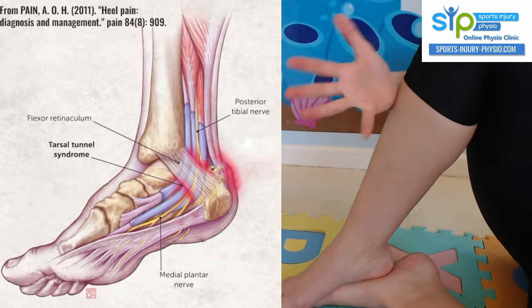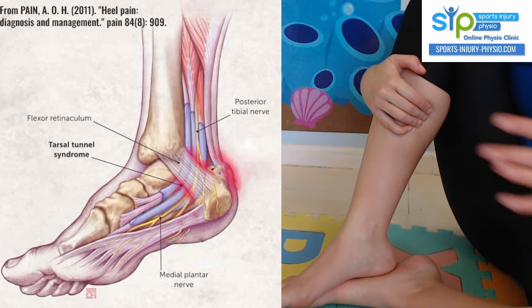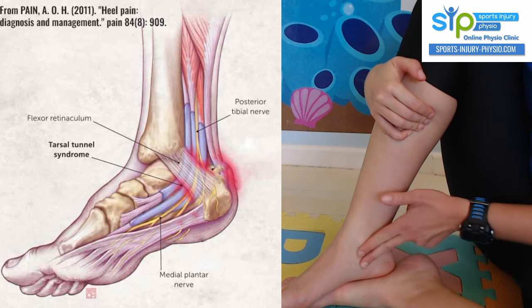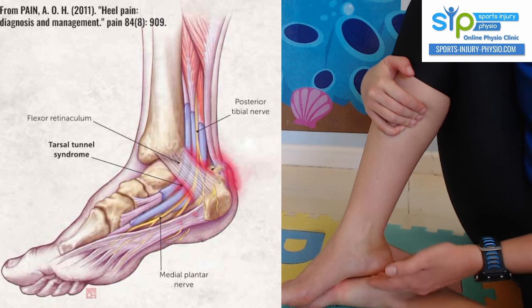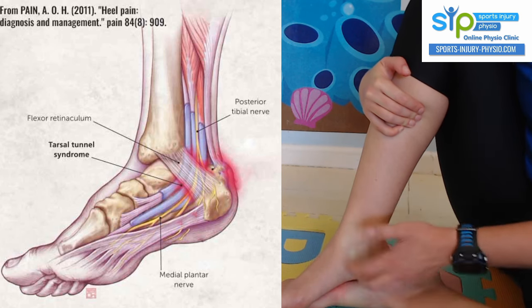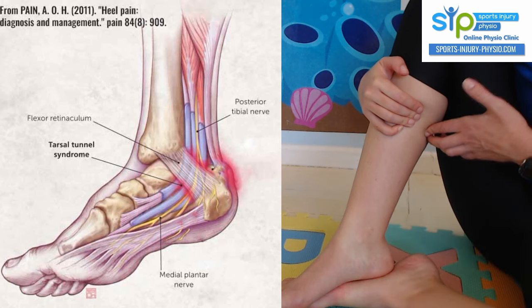So what does it feel like? Again, like I've said, because our anatomy varies and where the nerve splits varies between people, some people can have pain under the feet, some people can have a bit more pain on the lateral side, and for some people it can even shoot up the leg.